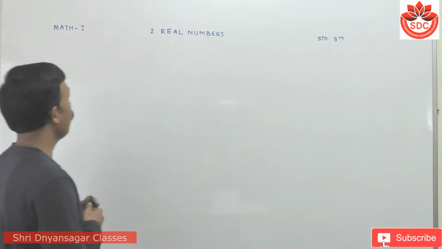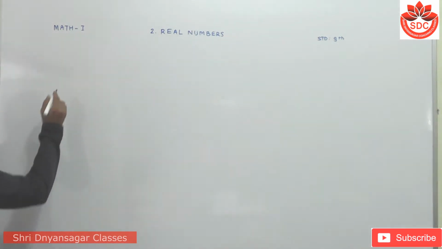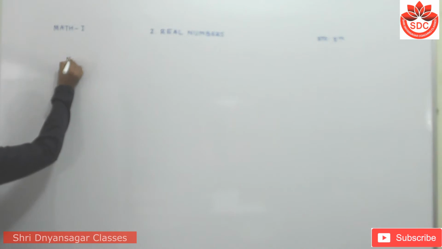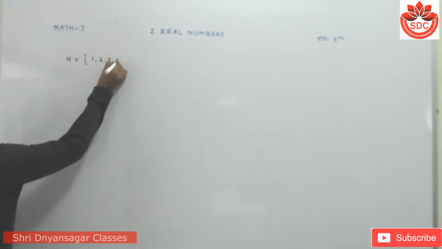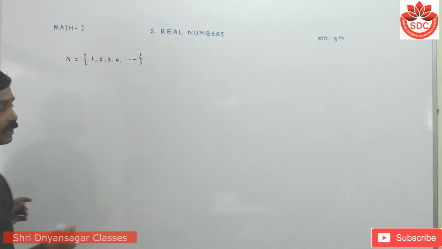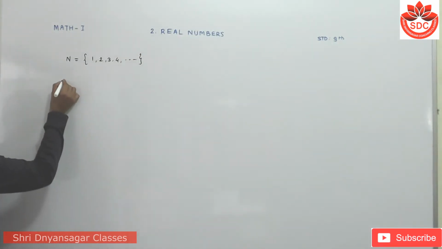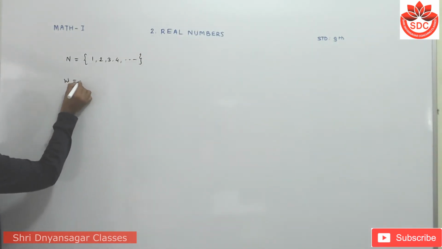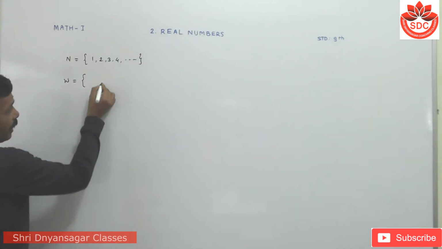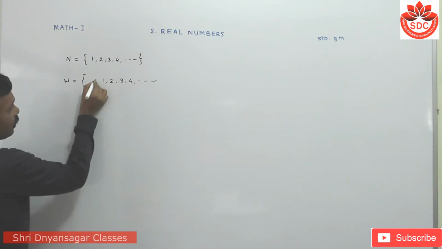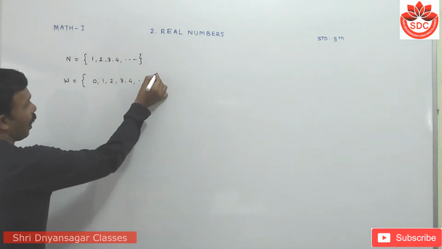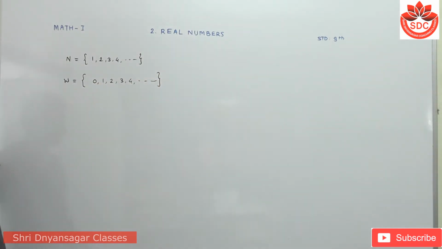Now, first, all of you know that the set of natural numbers, N, means the numbers which are countable are called the natural numbers. Then whole numbers is W. The natural numbers and 0 are called the whole numbers.